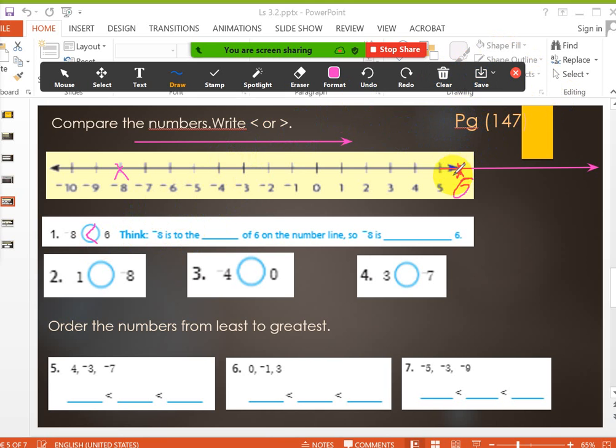It's the left. Excellent. Negative 8 is on the left side of 6. That means negative 8 is less or greater than 6? Maria, with you. Less than 6. Very good. Less than.